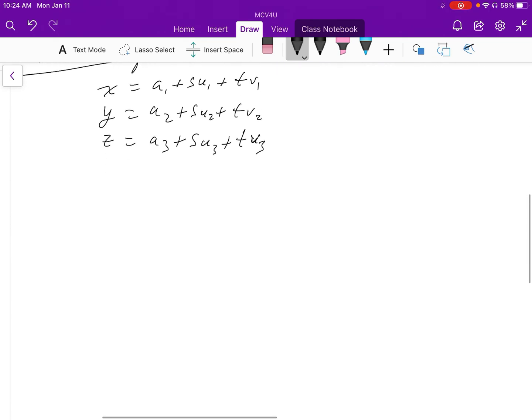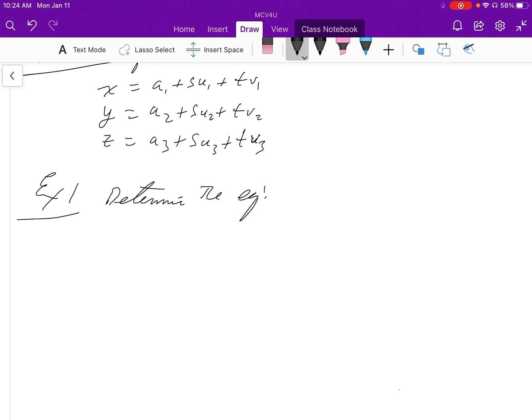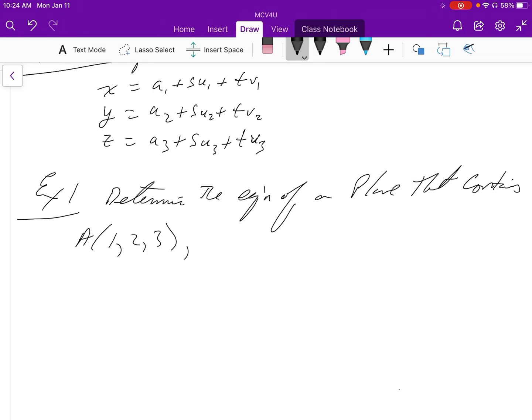So here's an example of what we can do. What we want to do is determine the equation of a plane that contains the points A (1, 2, 3), B (4, -5, 2), and C (8, 6, -1).